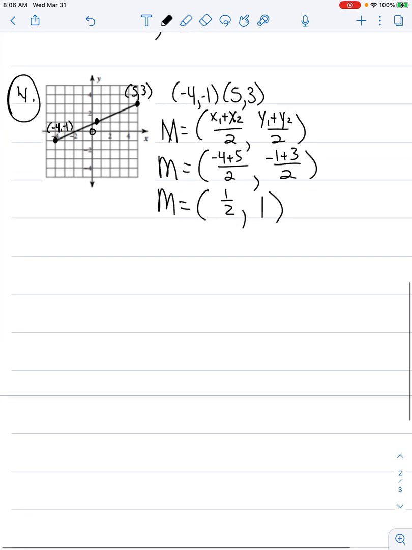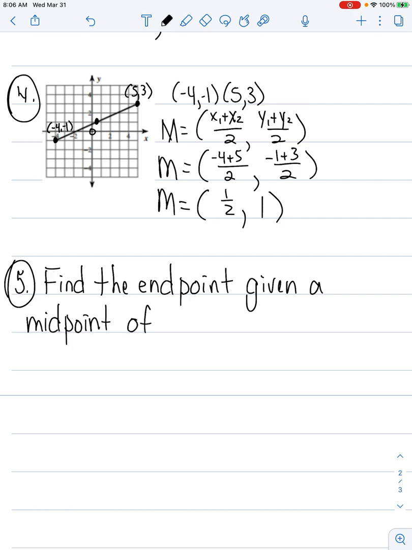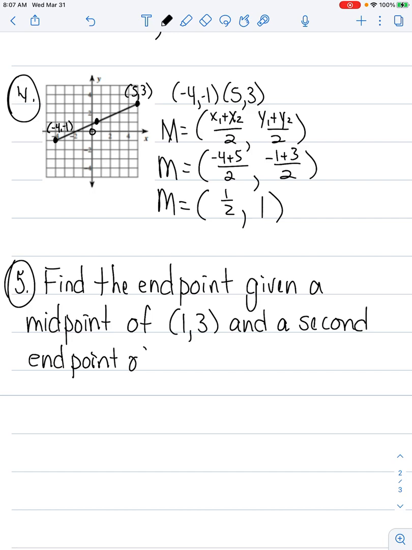Now there's an extra piece to this. Sometimes I will ask you to find the endpoint. So I want you to find the endpoint given a midpoint of, let's see, let me give you your midpoint, 1, 3, and a second endpoint of -2, 5.